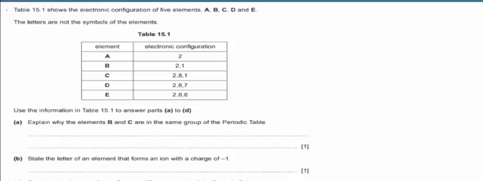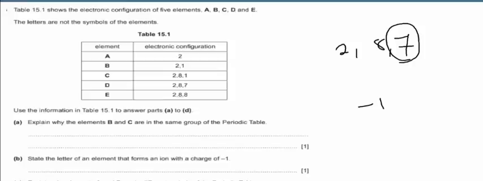So as you can see from table 15.1, we have D, which has 2, 8, 7. And this element only needs one electron for it to become what? Stable. So it is going to gain one electron and form -1. So the answer here, we are just going to say D.